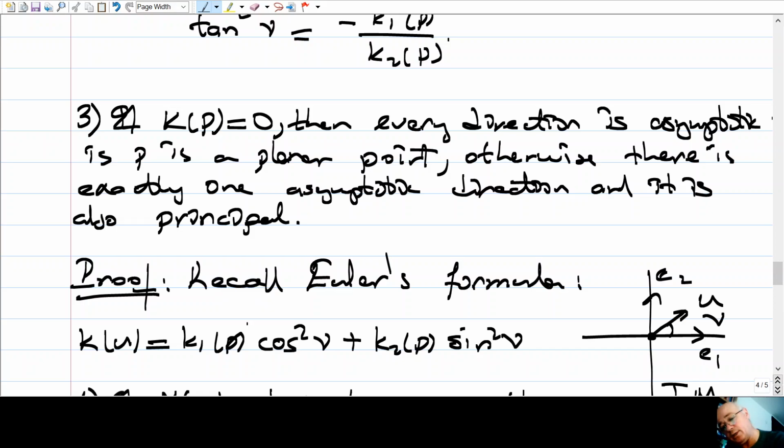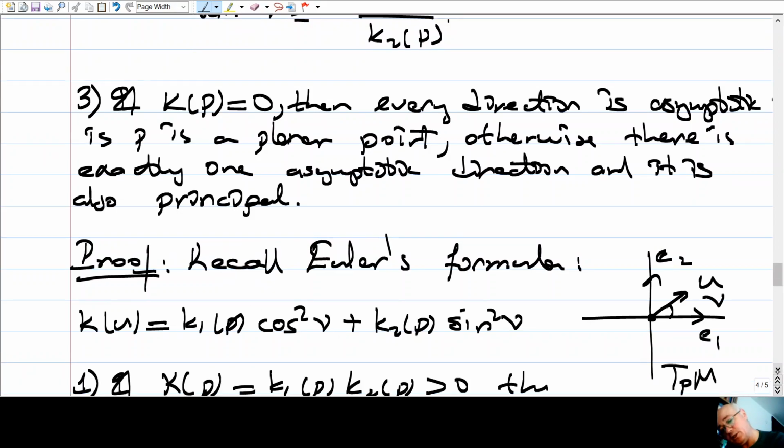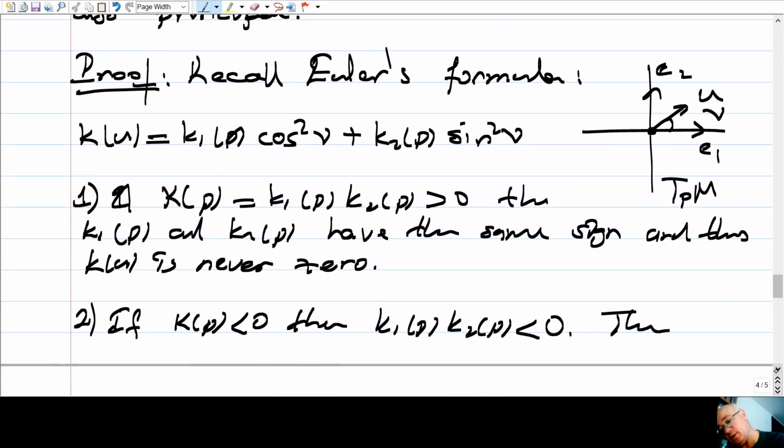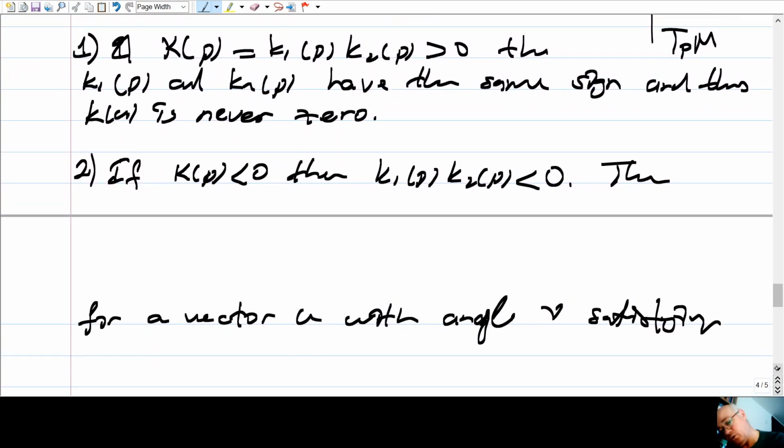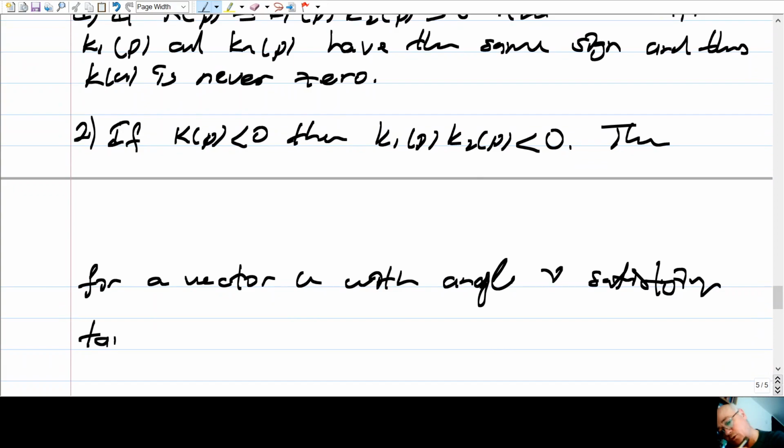I just equate Euler's formula to 0, so we get tangent squared nu. Tangent is just sine over cosine, so it is minus k1 divided by k2.